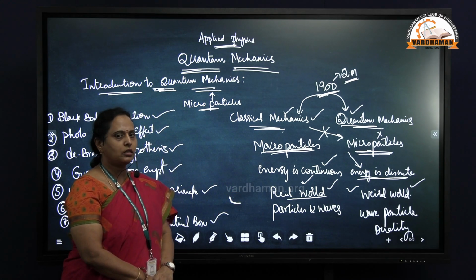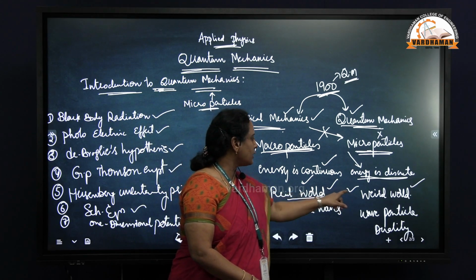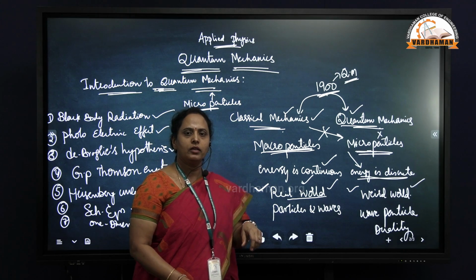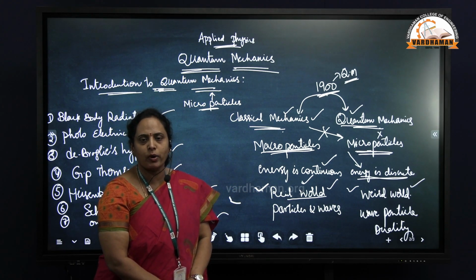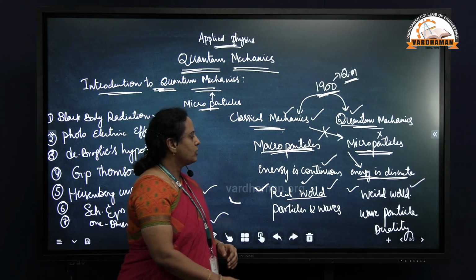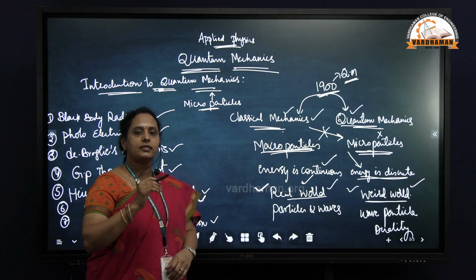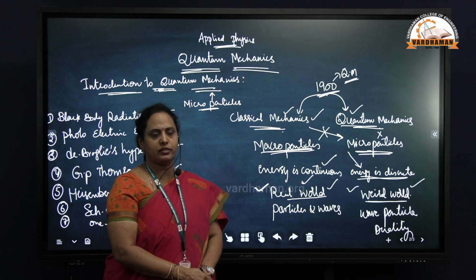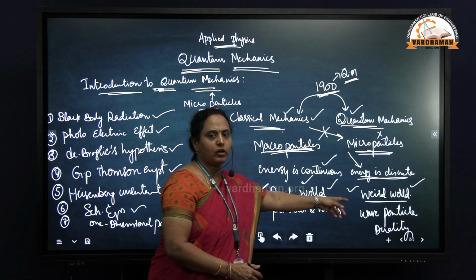In classical mechanics we could see the particles with the naked eye, so that is easy to understand. But when it comes to small particles, the atomic and subatomic particles, we can't see them with the naked eye. And understanding the characteristics or the motion of these particles is very difficult. That's why we feel it is a weird world.